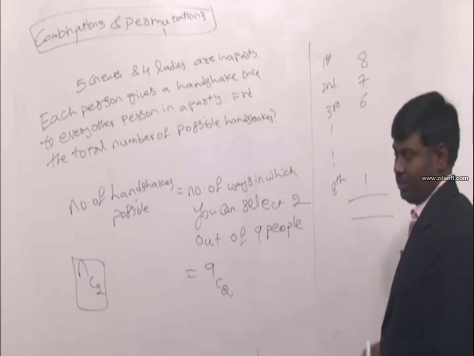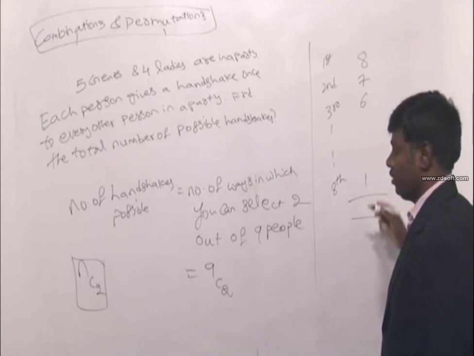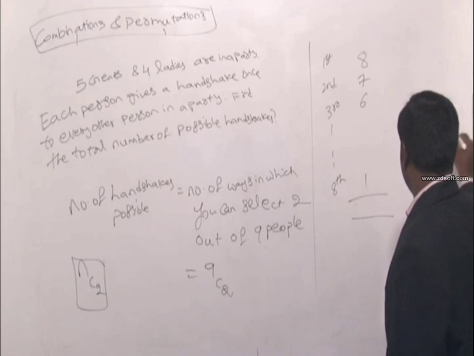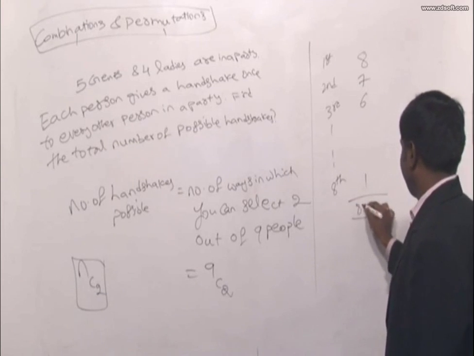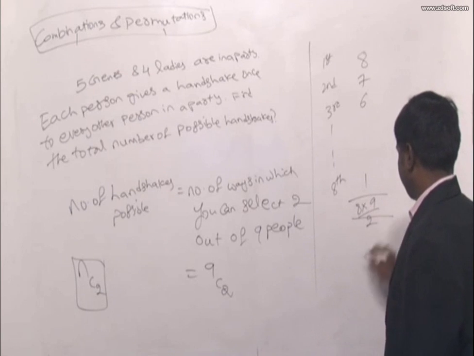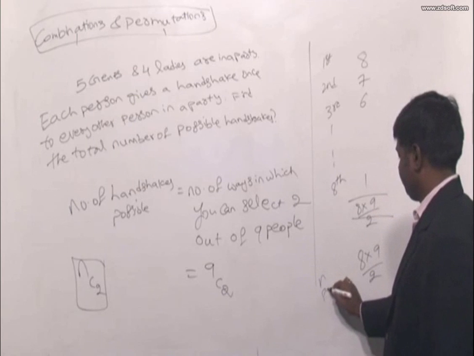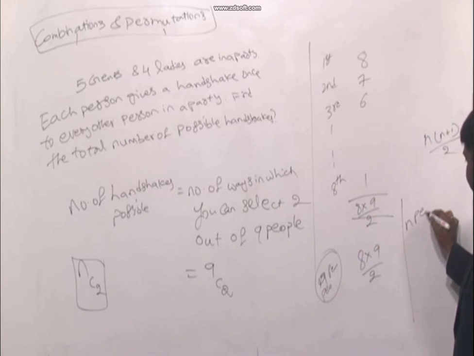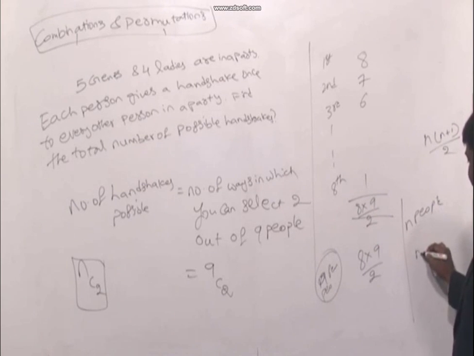So it is sum of first n natural numbers, till 8. So n into n plus 1 by 2, sum of first n natural numbers. So here it is 8 into 9 by 2. This is when there are 9 people. So in case of n people, it is n minus 1 into n by 2.